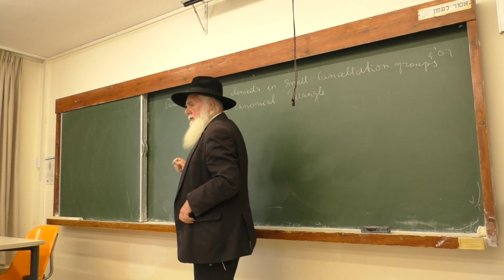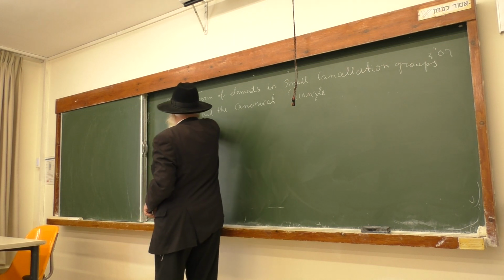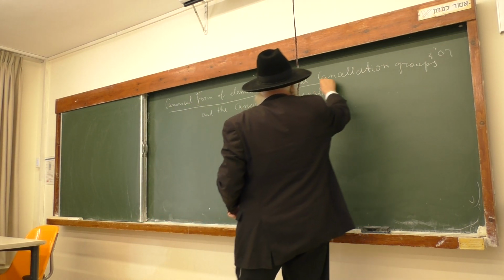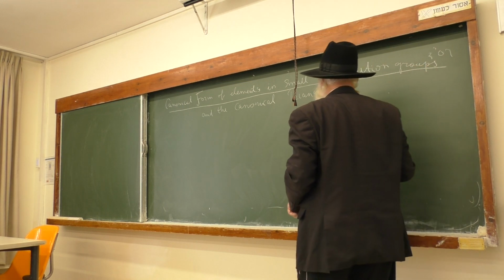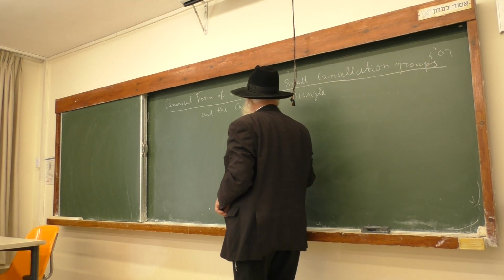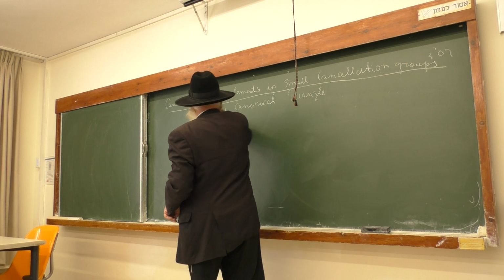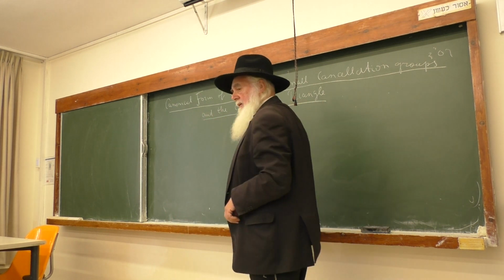So the next thing we're going to discuss will be canonical form of elements in small cancellation groups and the canonical triangle.